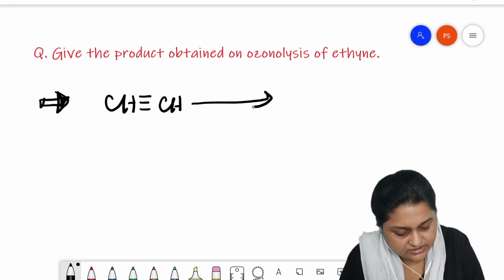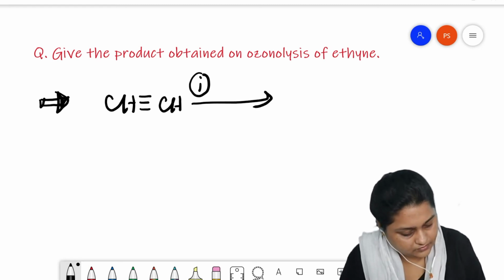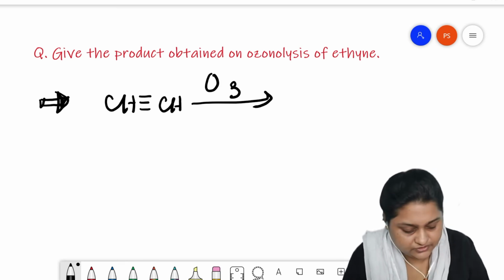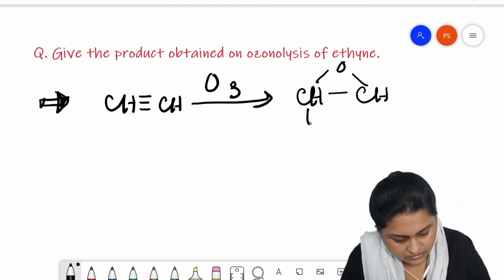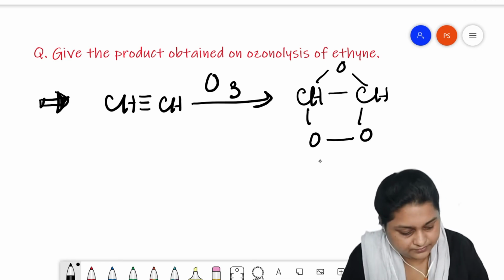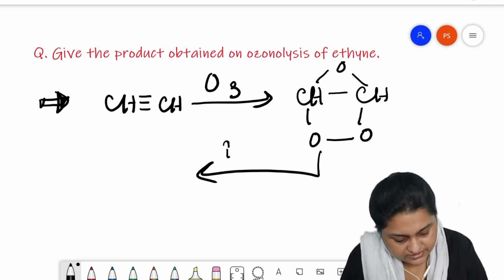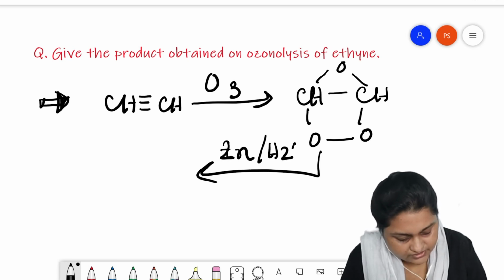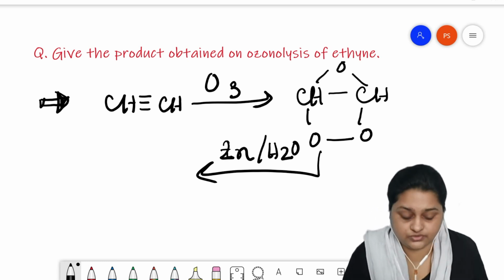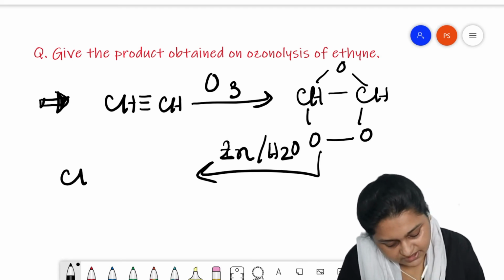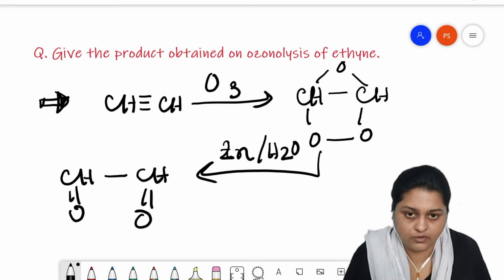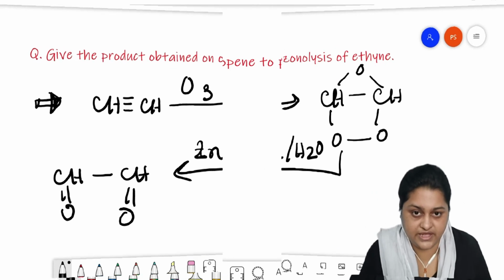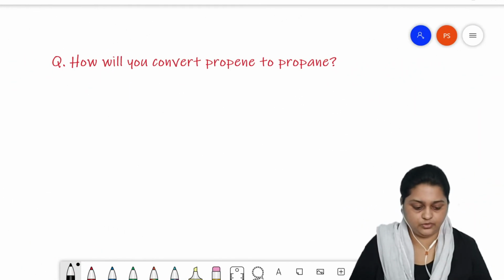When acetylene undergoes ozonolysis, at the first step this particular ozonide is formed, and at the second step, when zinc and H2O is mixed with this ozonide, CH double bond O is formed. This is glyoxal.